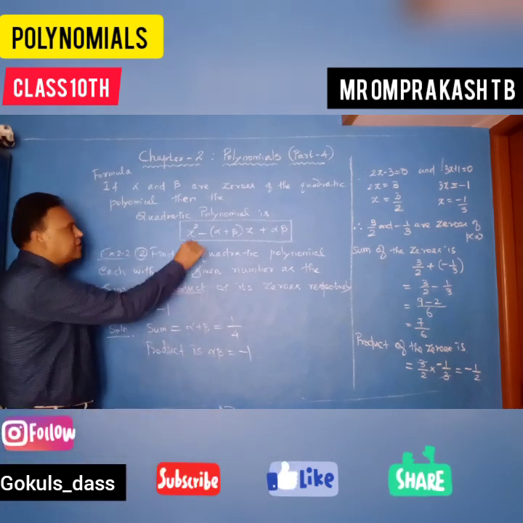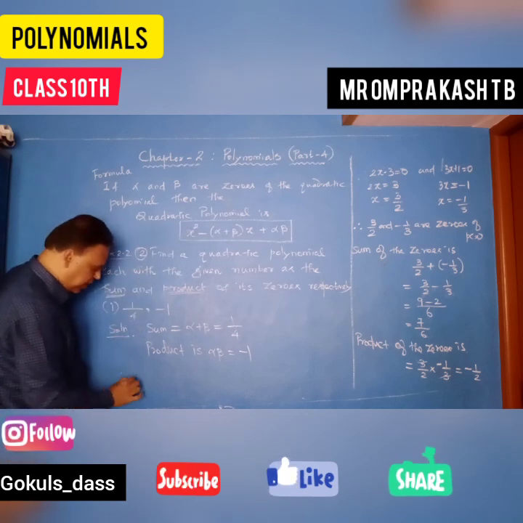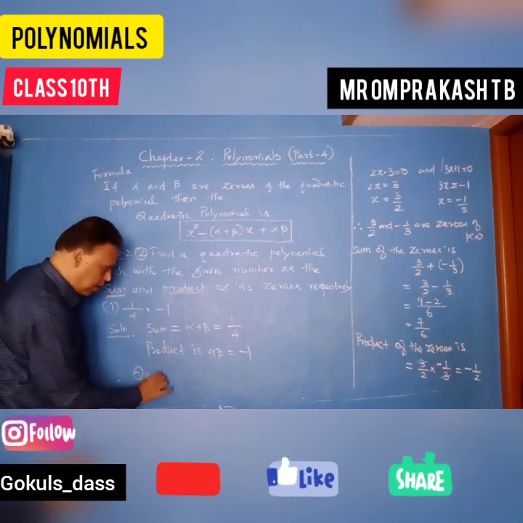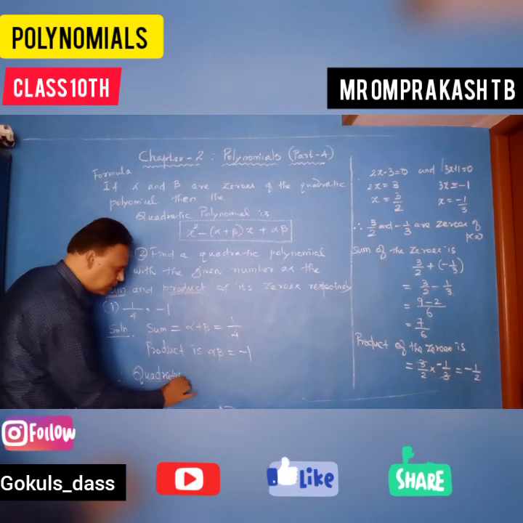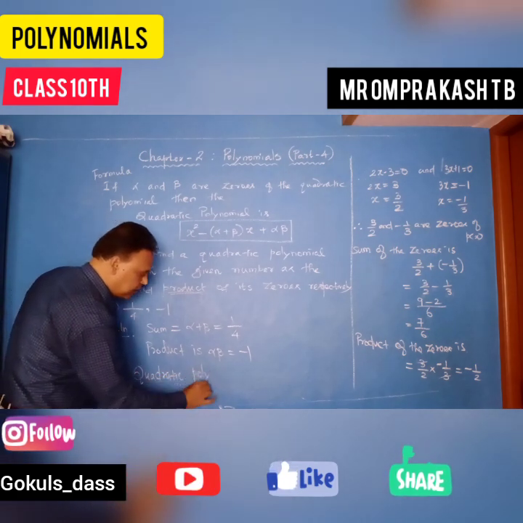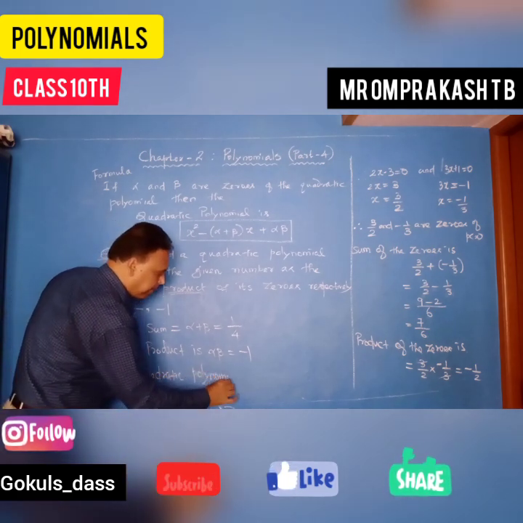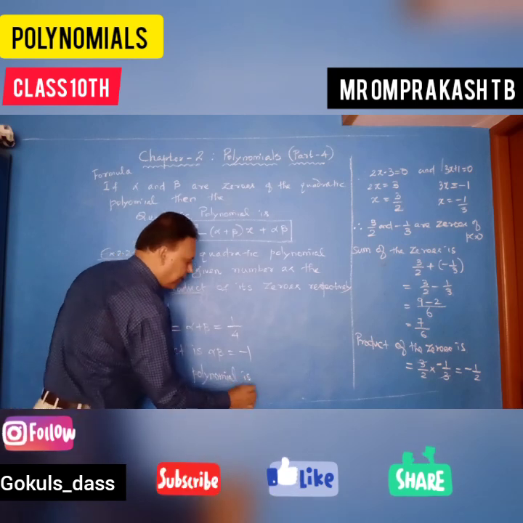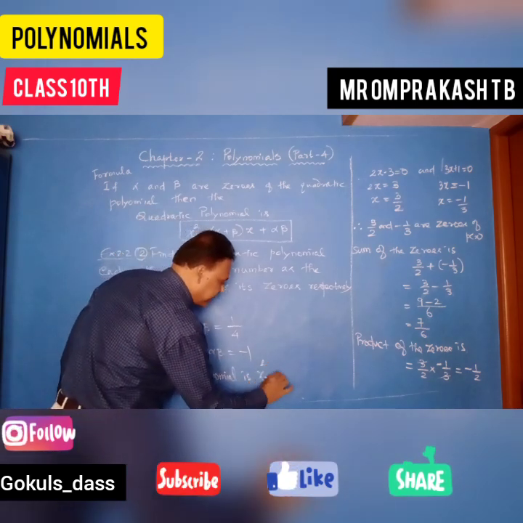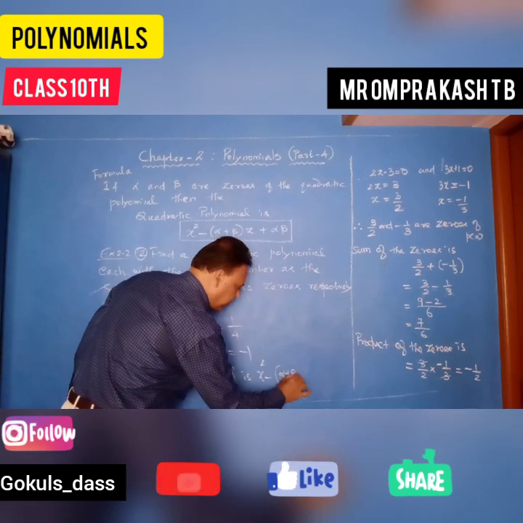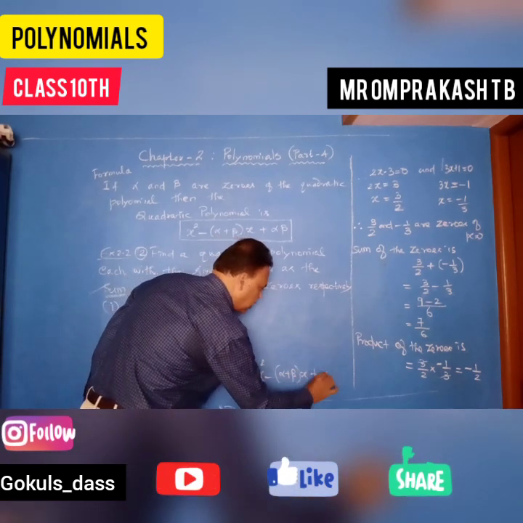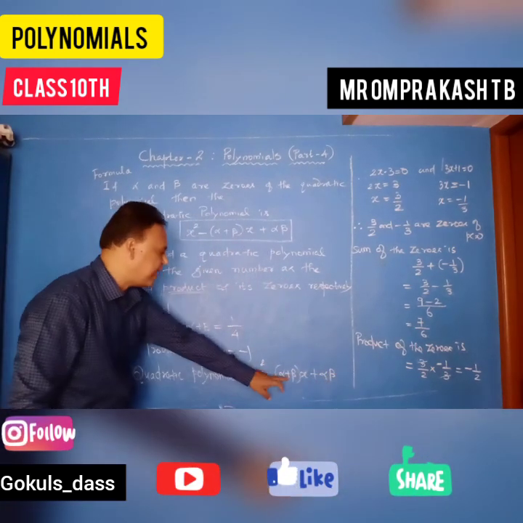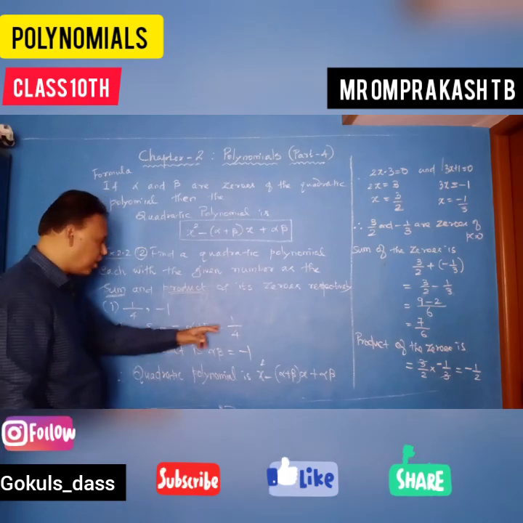Now we have to apply this formula. Therefore, the quadratic polynomial is x squared minus alpha plus beta into x plus alpha beta. So put the value. Alpha plus beta is what? 1 by 4.